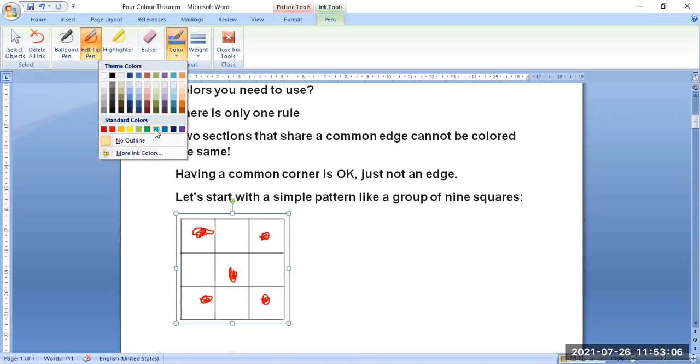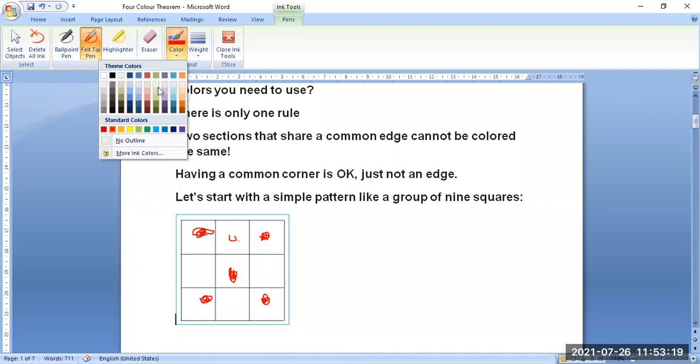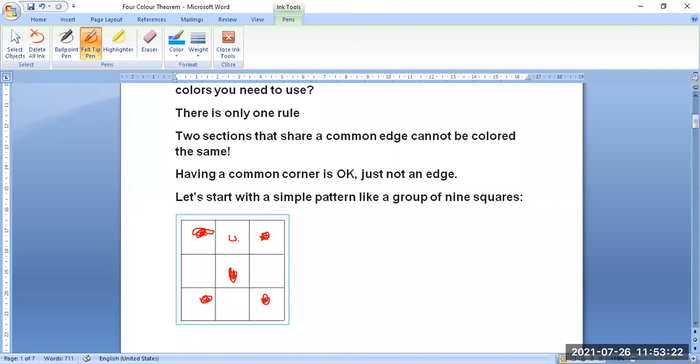Now, if we take another color, this is black, this one is black.